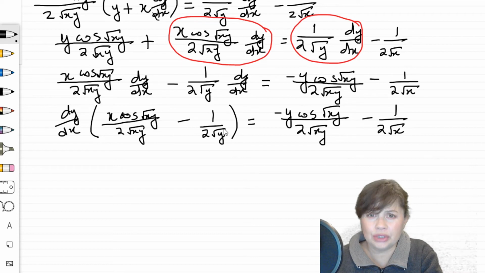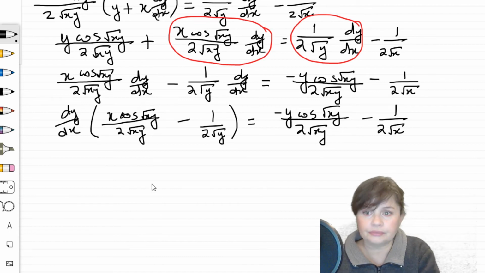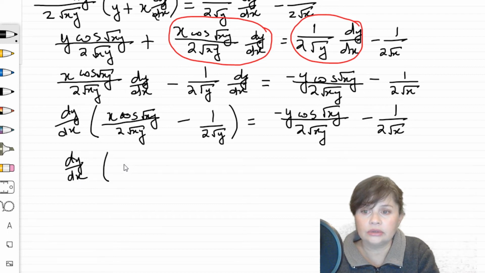Now before you do that, you'll notice in the bracket you've got two different terms. It's always easier to make it simpler for yourself. So let's simplify the left-hand side, making those two terms one term, and I'm going to do the same with the right-hand side because it's just easier. You always want to make your work as easy as possible. Don't make it more complicated. It's not necessary.